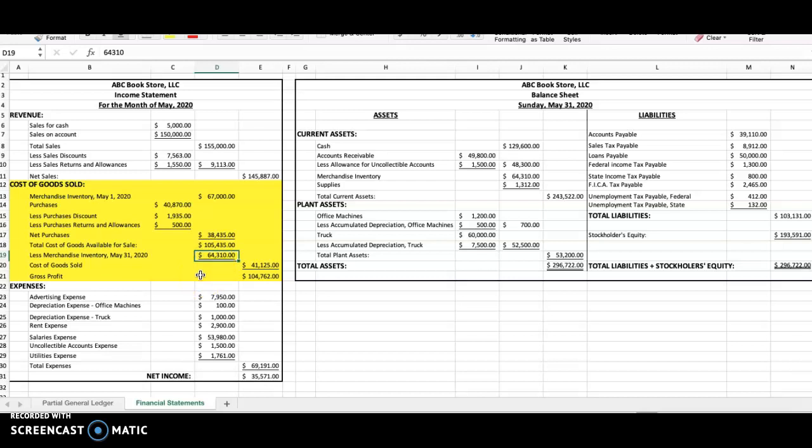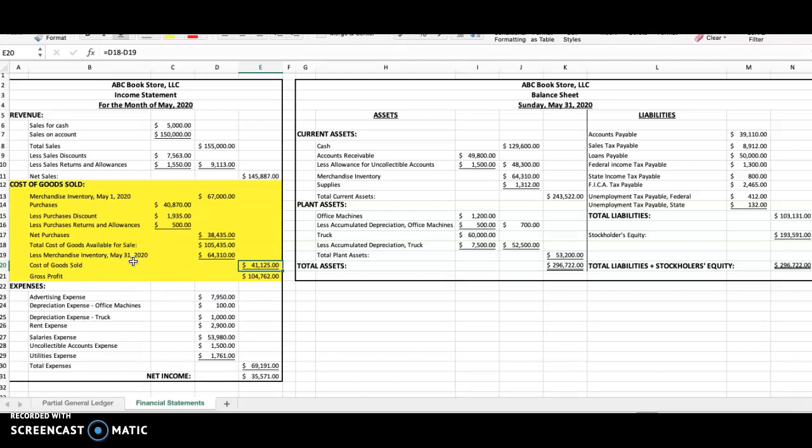Now a subtraction problem. We subtract 64,310, the stuff that we have still on the shelves, from what we had available. That gives us the cost of goods sold. These two numbers subtracted will give 41,125. That's the cost of the goods that we actually sold.